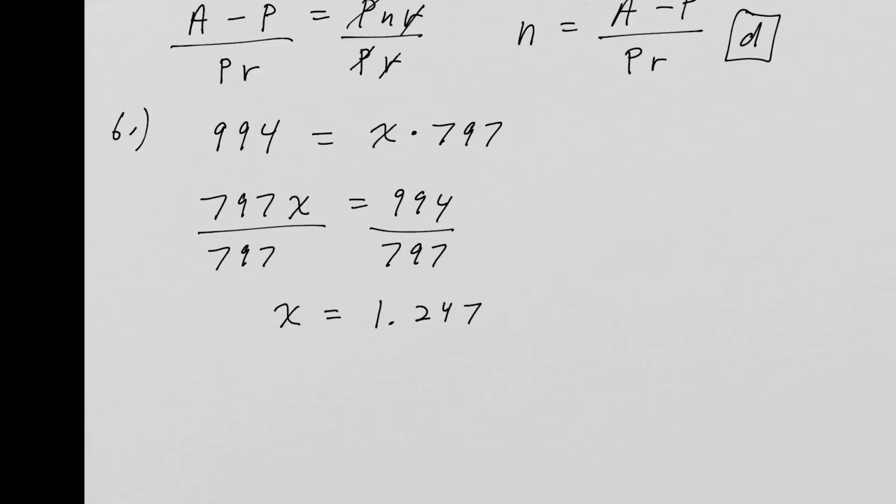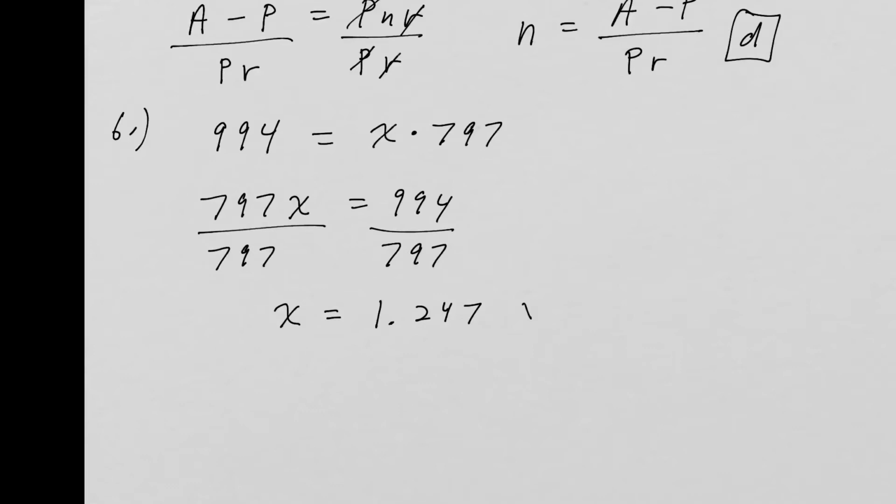Right. Now remember, if the unknown is the percentage, which it is in this case, then we have one more step to actually write it as a percentage, because our answer right now is just in decimal form. So the last step is to convert this into a percent. Well, how do we convert it to a percent?